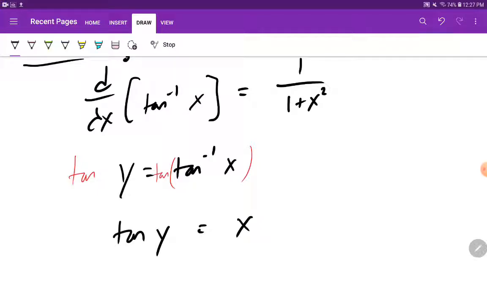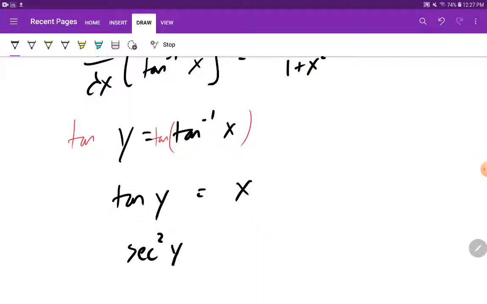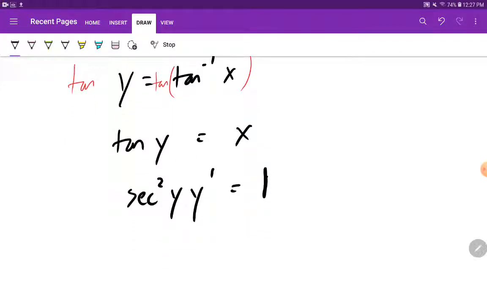We know the derivative of tangent, right? It's going to be secant squared of y times y prime is equal to 1. Divide through, we get y prime is equal to 1 over secant squared of y. And this is the same thing as cosine squared.